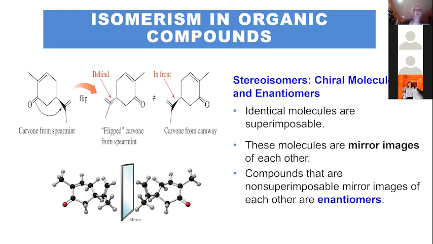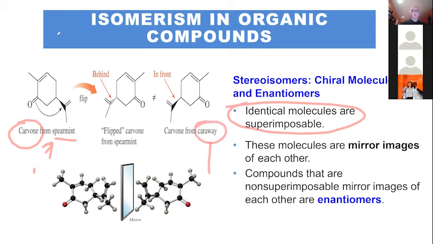So here we've got, remember, identical molecules you can put on top of each other and everything will line up. Here is a compound called carvone. A form of it is made in spearmint, and a form of it is in caraway seeds.